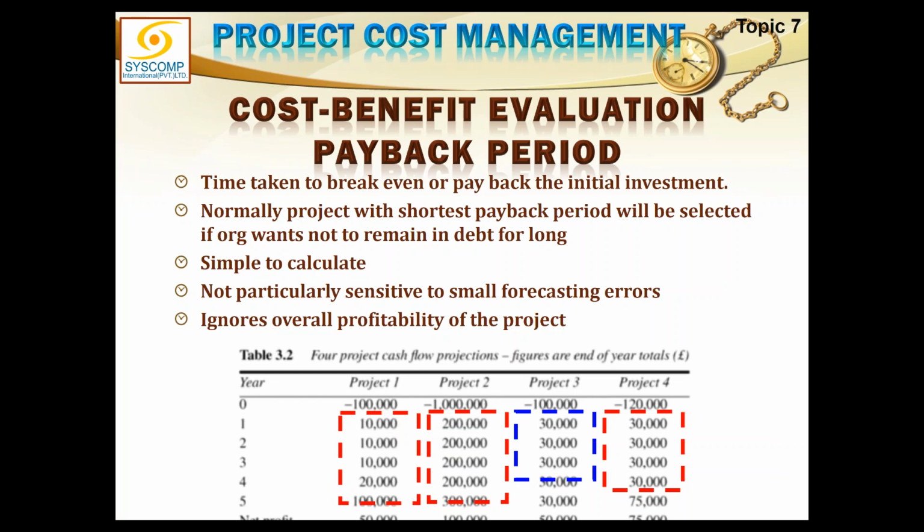It is recovering all my money in 3.33 years. 1 lakh is being recovered at 30,000 per year. So one third into the fourth year, I will have recovered all the money. Whereas project 4 takes a complete 4 years. So from the payback period point of view, the least payback period is of project 3.